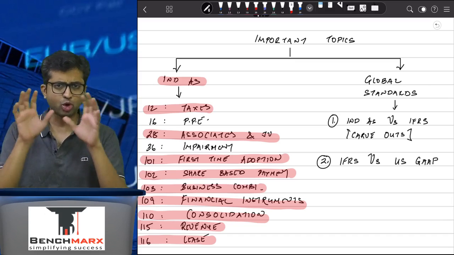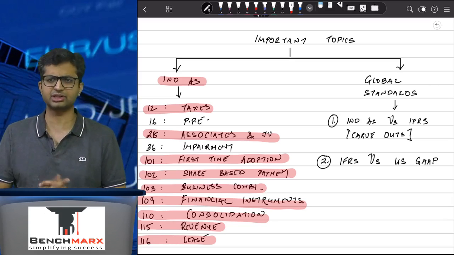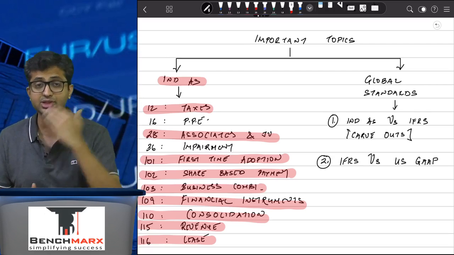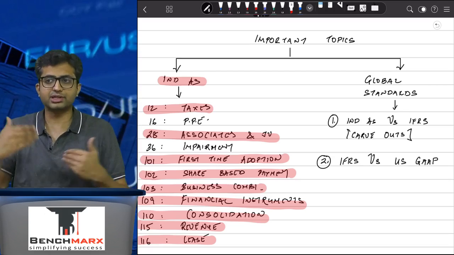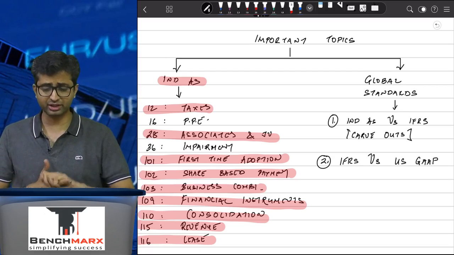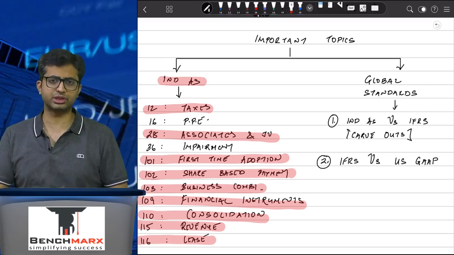So you should be very conversant with where these topics, at least for these specific Ind AS standards, are located in the study material. If a very complex topic comes in the exam, you should know exactly where to head to. That is an important exercise, and while you are preparing, emphasize your core energy on these topics.